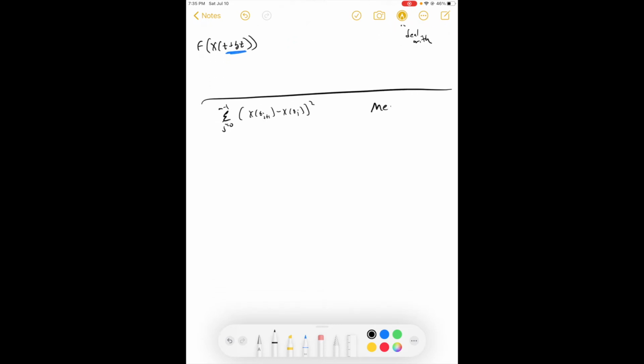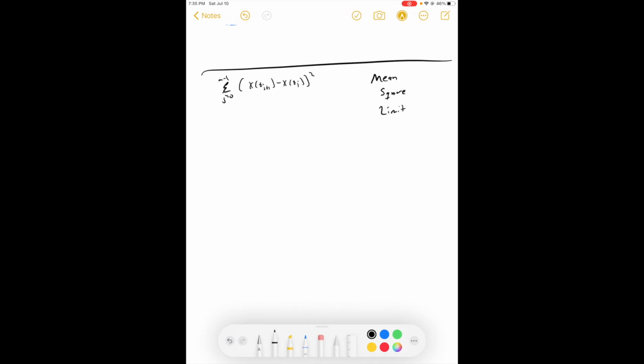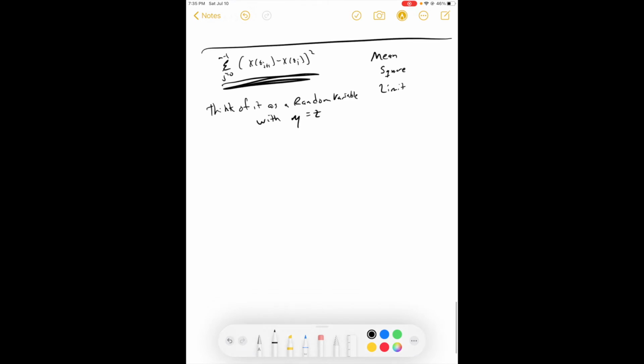We're going to use something called the mean square limit. To do this, we're going to think of this thing right here as a random variable with mean t. And so how would you find the variance of a random variable?